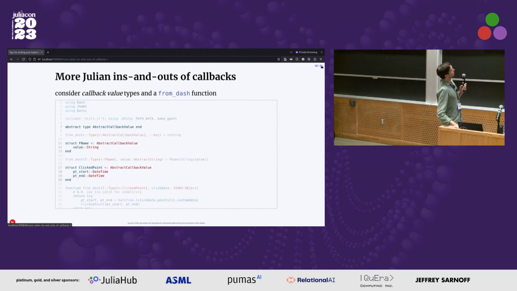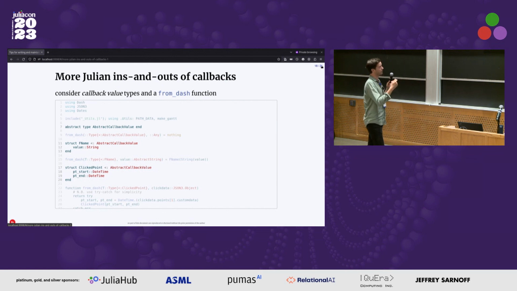One way to do it would be to come up with new types. This already feels pretty Julian. So I'm going to create a new abstract callback value. You can think of callback value as the argument to our callback functions.